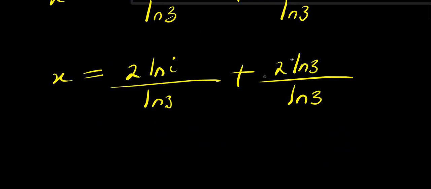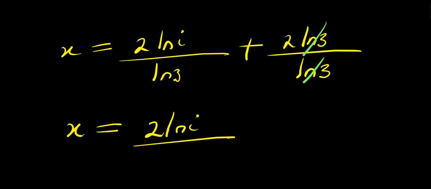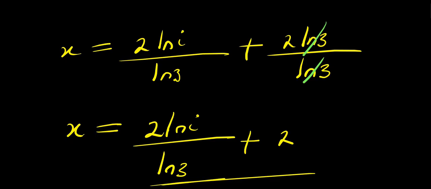So from here, this cancels this. So x equals 2 times natural log i divided by natural log 3 plus 2. This also is our answer.